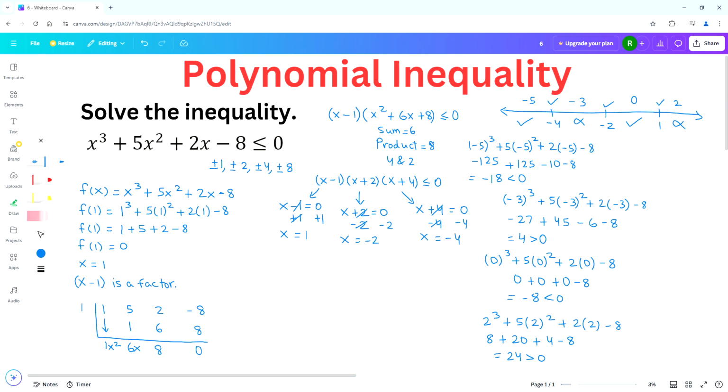Now we can write the solution for this inequality in inequality notation. We can write this solution in interval notation as this.